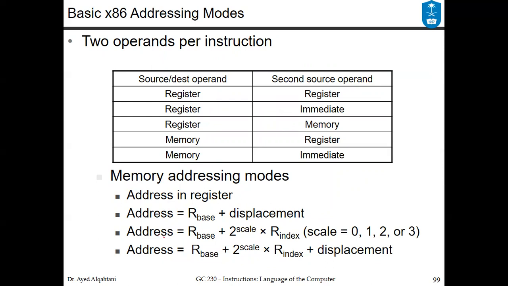Or you have the address with something complicated, as you can see: the base plus 2 to the power of a scale times the index register. And this scale could be 0, 1, 2, or 3. Or you have the same thing, but also with the displacement. So you can see that there is some complexity for the addressing modes in x86.